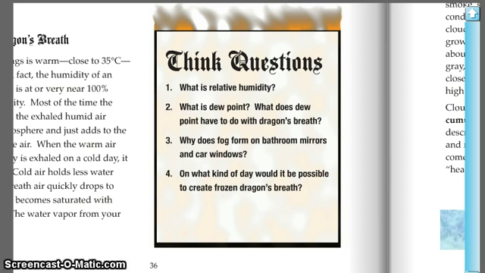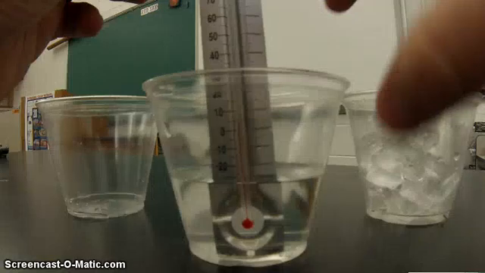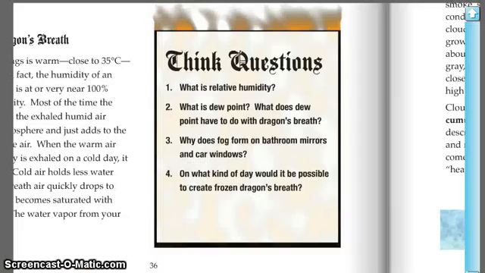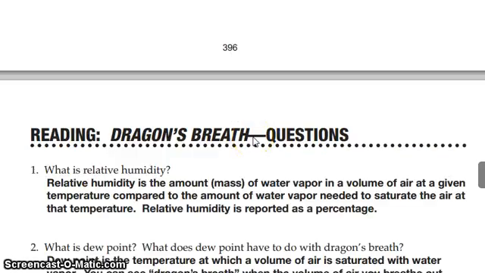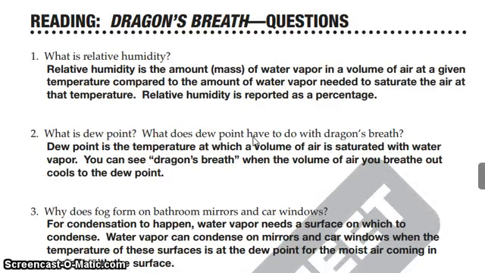Why does fog form on bathroom mirrors? What days would it be possible to get frozen Dragon's Breath? And if we go over here, we have the answers to those questions from the reading that we did in class.